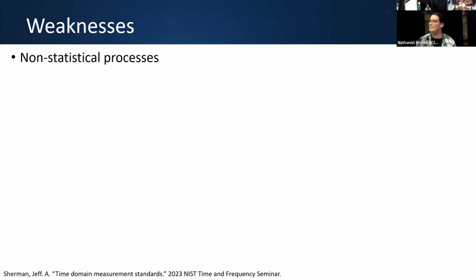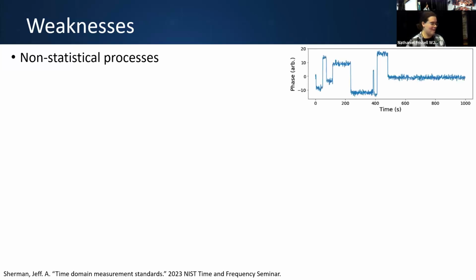So first, non-statistical processes. This is meant to identify these kinds of power law noises. If you have data that looks like this, please plot it. Of course, you won't know that before you plot it. So that's why you make plots of your time series first. This will probably come naturally to this crowd, but it's surprising sometimes: you get used to something and you're like, yes, I'm going to go plot my Allan deviation, and you kind of forget to actually look at the data.